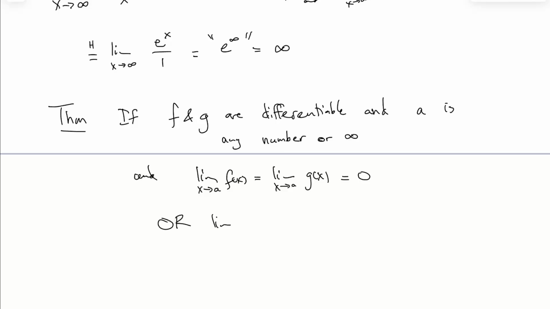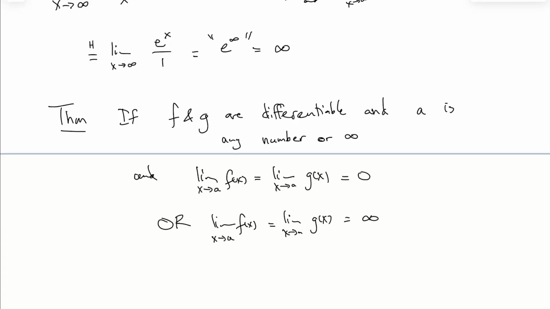or, this is kind of long-winded here, lim x goes to a f of x equals lim x goes to a g of x equals infinity. All I'm saying here is, when you take the original functions and you try to plug in, you get 0 for both of them, or you get infinity for both of them.